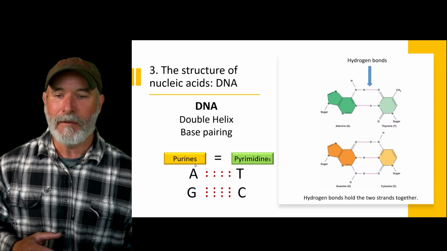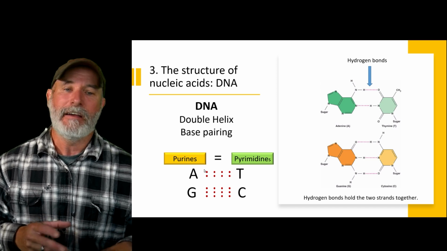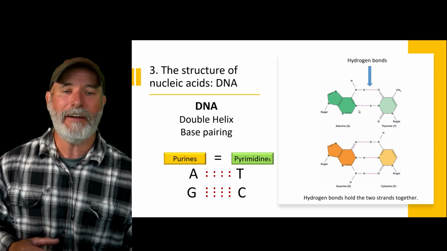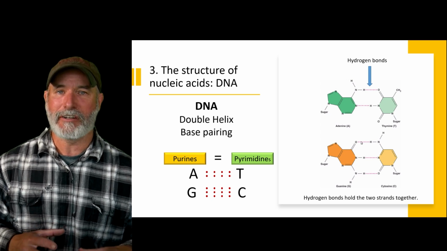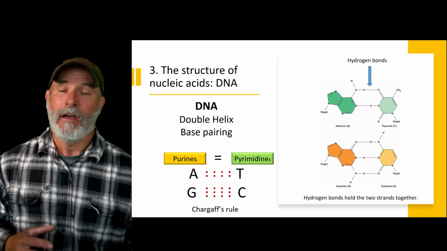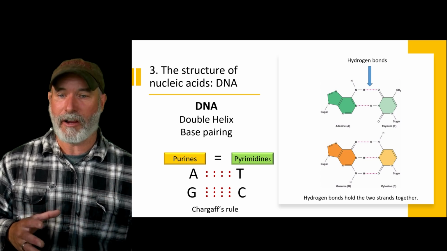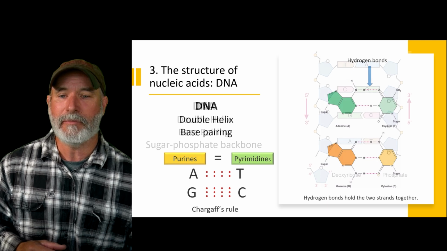Okay, so the purine is always going to pair with a pyrimidine, and A is always going to form 2 hydrogen bonds with thymine, and guanine is always going to form 3 hydrogen bonds with cytosine, okay? And we also call this Chargaff's rule, that the number of purines in any DNA equals the number of pyrimidines.